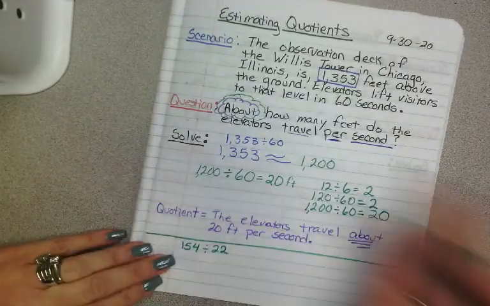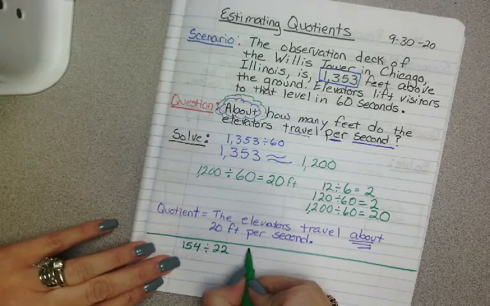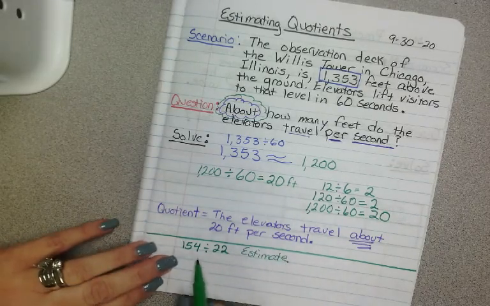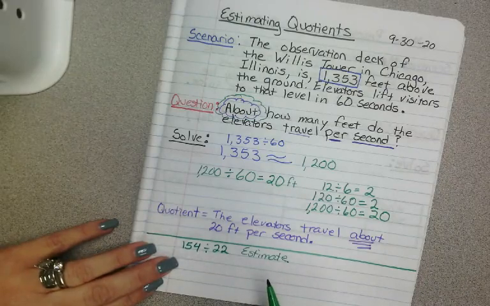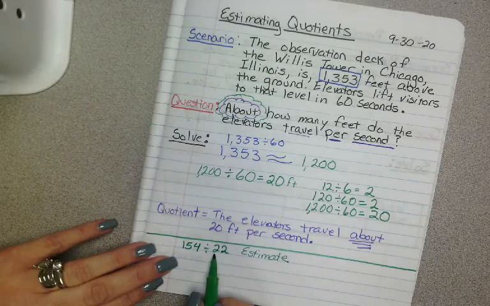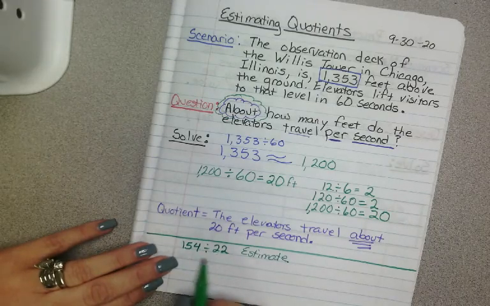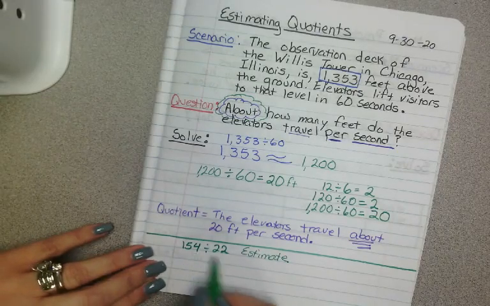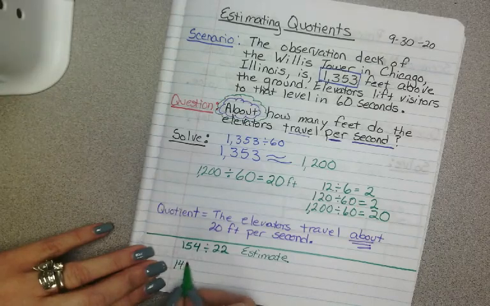And let's just say that whatever the problem was, it says that we got to estimate, okay? So what I'm going to do is take a look at my two numbers and round those numbers so that I can have some easy math. So I see that I have 22 and I see that I have 154. Well, I know that 22 and 154 aren't very compatible with each other, but you know what is? 140 and 20 are compatible. So could I round this to be 140 divided by 20?